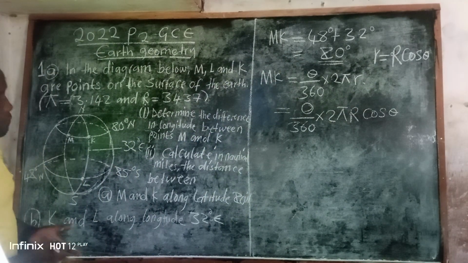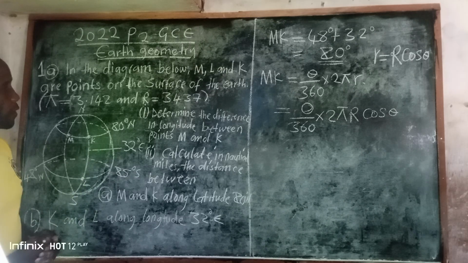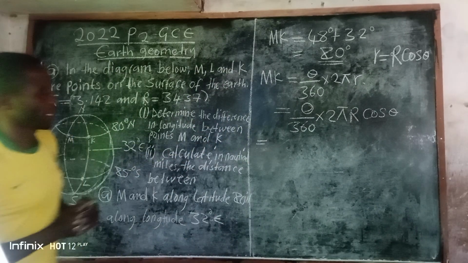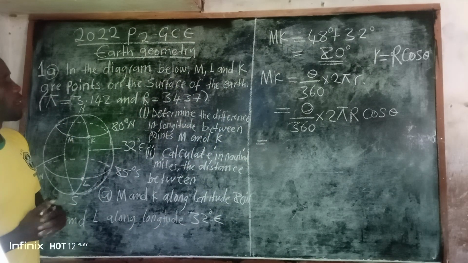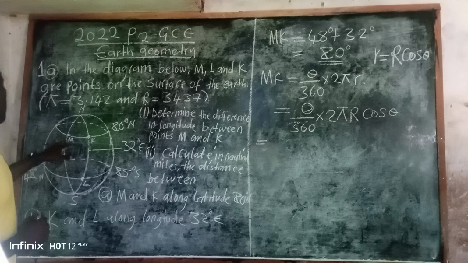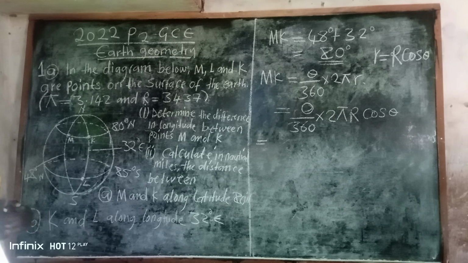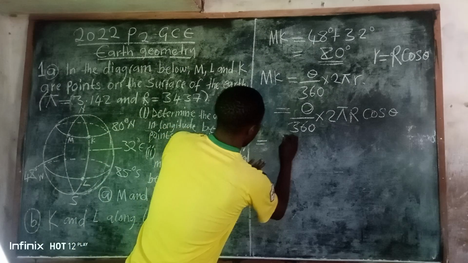Then from there, we are going to substitute according to the values that we are given. Here, theta is the difference between those 2 points, which we've already found, the one on top, which is 80. So on theta, we are going to put 80.